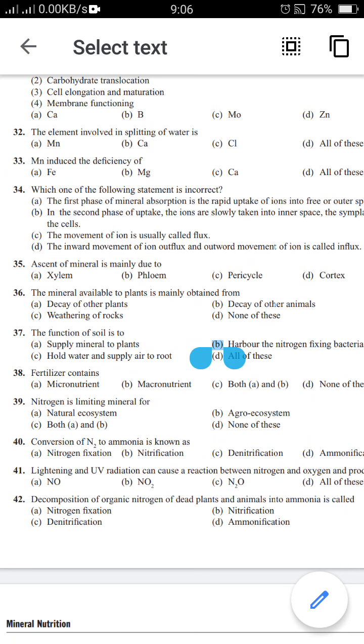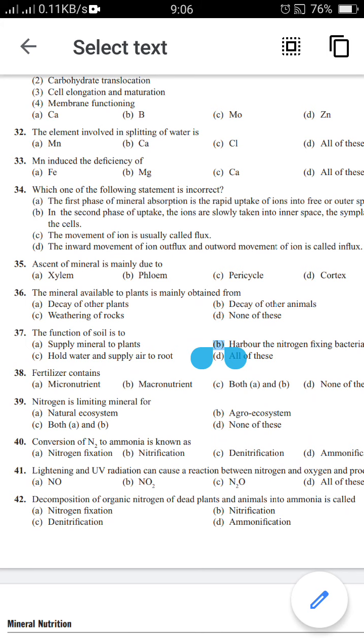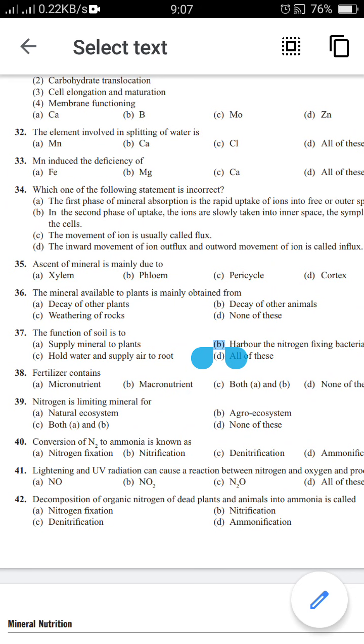Next, question number 36. The mineral available to plants is mainly obtained from option A, decay of the plants, option B, decay of other animals, option C, weathering of rocks, option D, none of these.